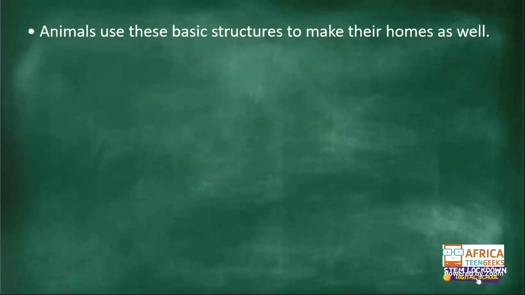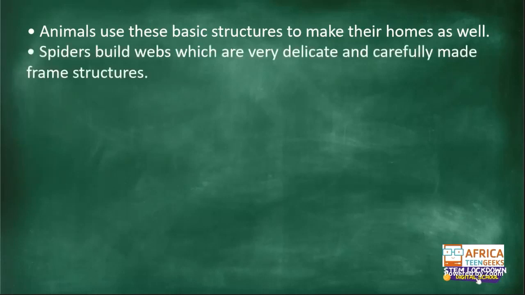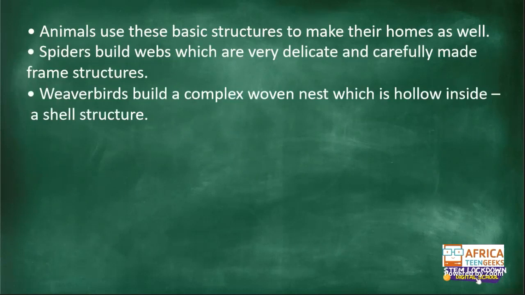Animals use these basic structures to make their homes as well. They're quite clever. They do it without even knowing what the functions are. If we look at spiders, spiders build their webs, and the webs are very delicate and carefully made frame structures. If we look at weaver birds, they build a very complex woven nest, which is hollow inside, and that is a shell structure.